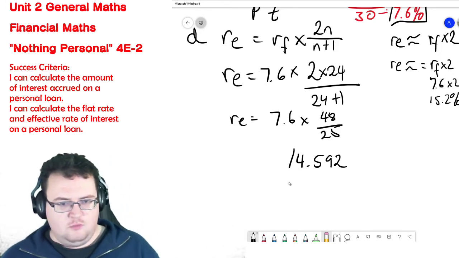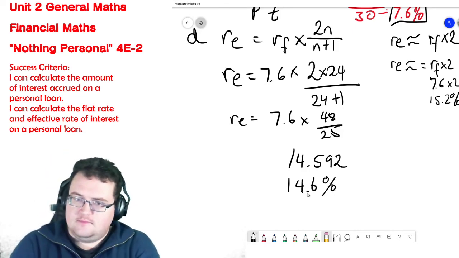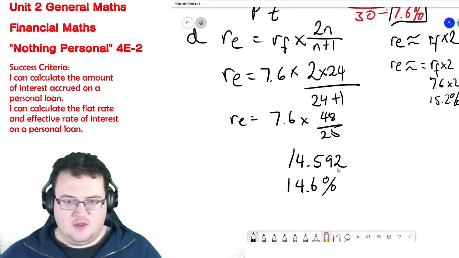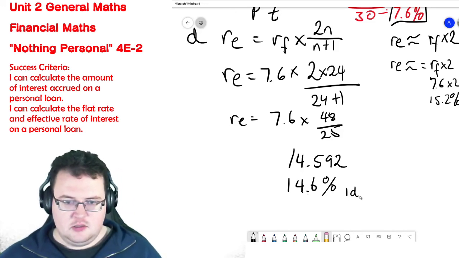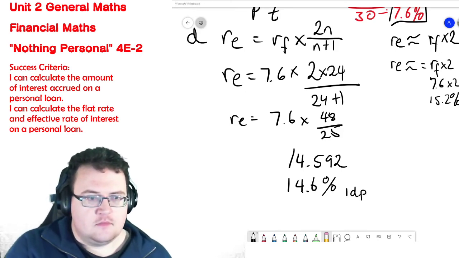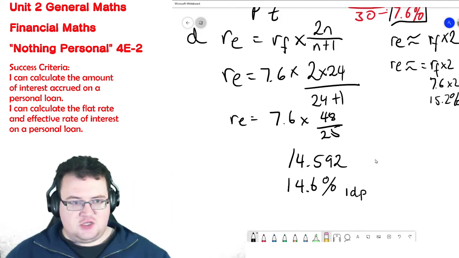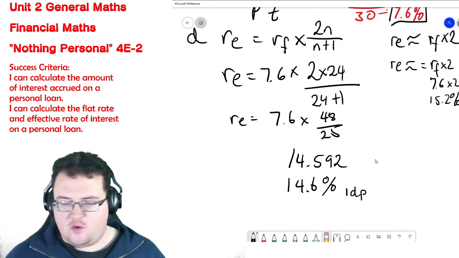And we'll round to say 14.6%. That's to 1 decimal place. And that's all there is for 4E part 2.